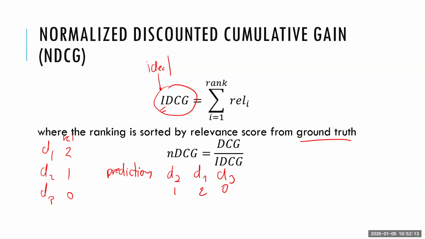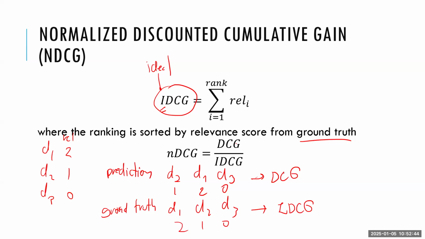Now to compute IDCG, whatever the prediction you get, you sort them by the relevant score. So this is from the ground truth. You sort them by the relevant score, and then you compute the IDCG.